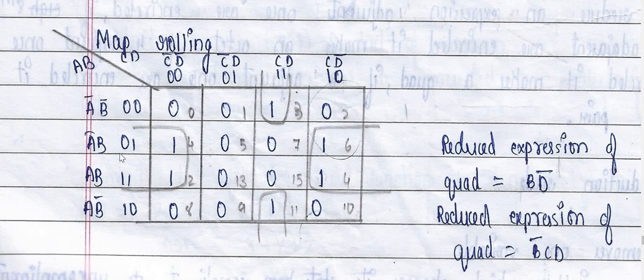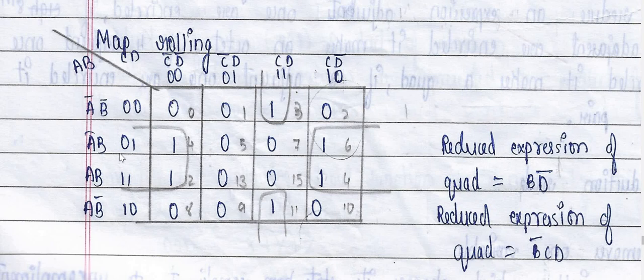Top side, C bar D bar and C D bar. Which variable is changing? C bar is changing to C. So what will be the reduced expression of this quad? B D bar. B D bar is the reduced expression of the quad.